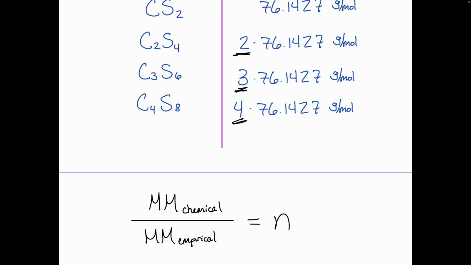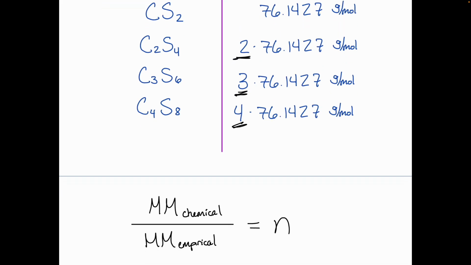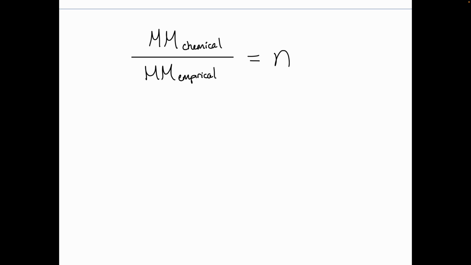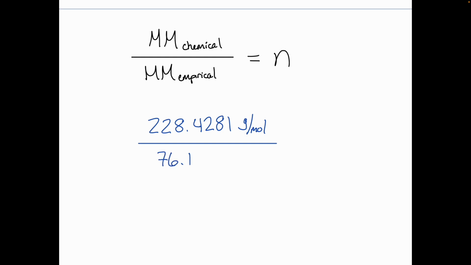So for this particular problem, it was 228.4281 grams per mole, divided by my empirical formula's molar mass, 76.1427 grams per mole. Punch that into my calculator, and I get that whole number 3.